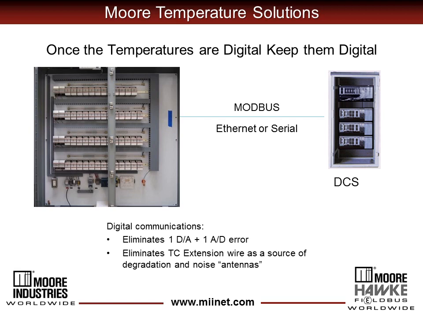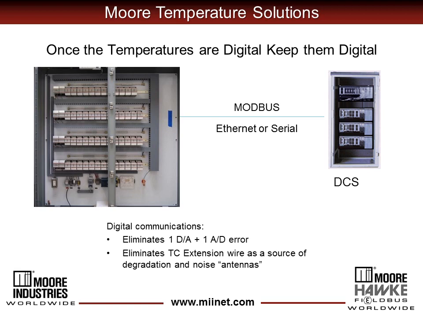Earlier we saw that using transmitters and remote I/O helped us eliminate error caused by thermocouple extension wire, and to avoid error caused by noise. Now it helps us by keeping the signal digital and avoiding the analog conversion errors.